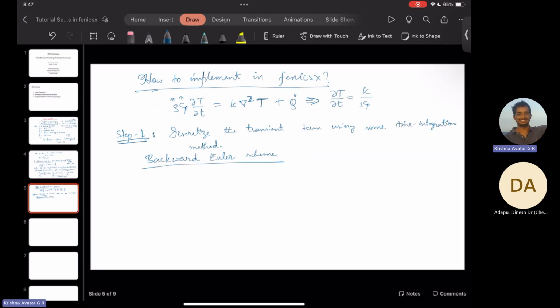So you clearly see that it's only diffusion which is helping with temperature redistribution, and then q dot is like a pumping term.